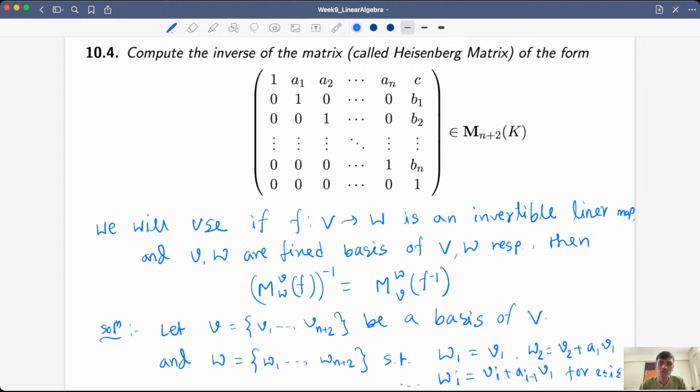And for n plus 2, again you define that to be c1 vn plus 2 plus vn minus 1, and all the way up to c v1.